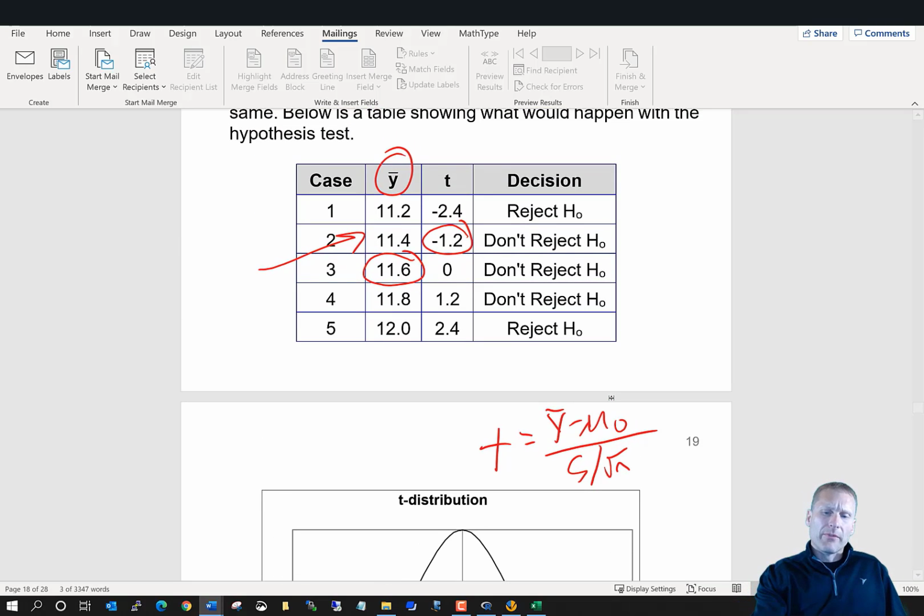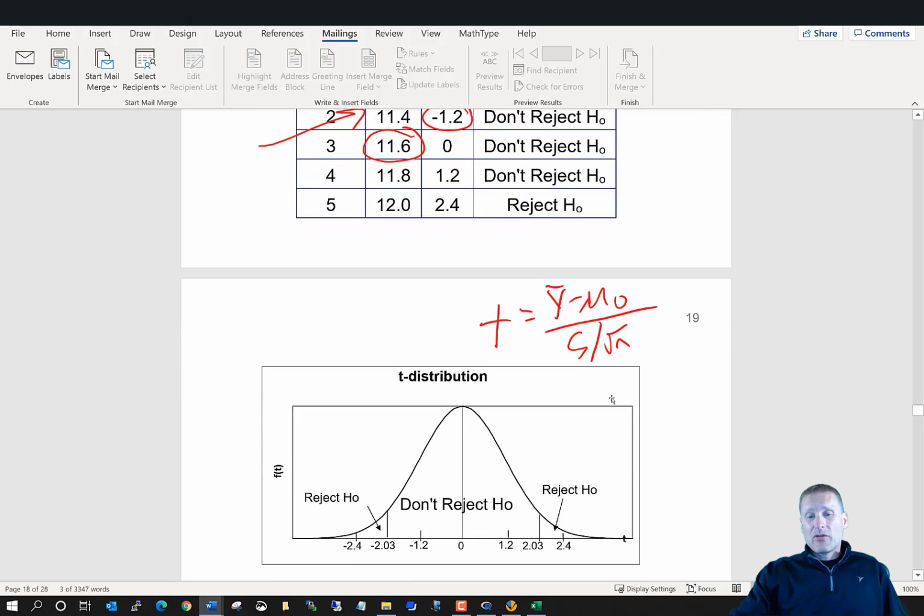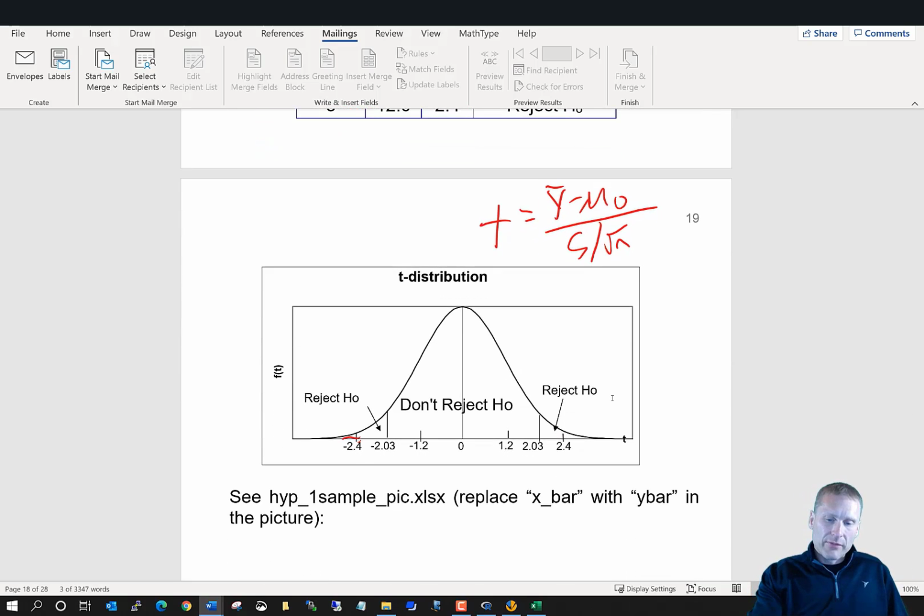But let's go further. Let's say y bar was actually 11.2 instead. Now I'm getting farther out from that center, from that 11.6. Now the t test statistic is negative 2.4. And look where it falls. Think of area underneath the curve as corresponding to probability.